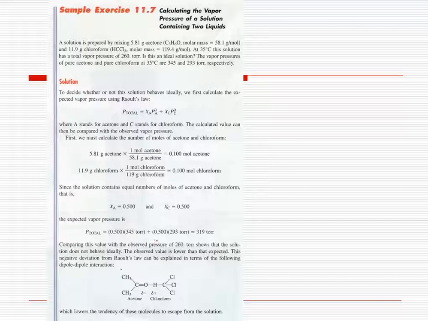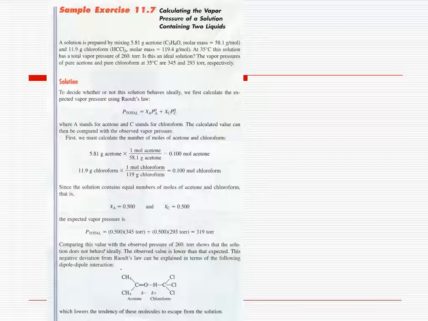Then we're going to add that pressure to whatever is contributed by the chloroform. 50% of that solution, or half of it mole-wise, is chloroform, times chloroform's vapor pressure, which is listed up here. We multiply those two together. That'll give us the vapor pressure contributed by the chloroform, and then adding those two together will give us the vapor pressure of the solution with both of those components.